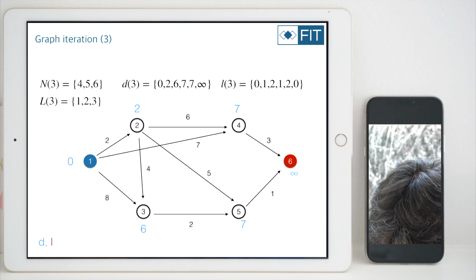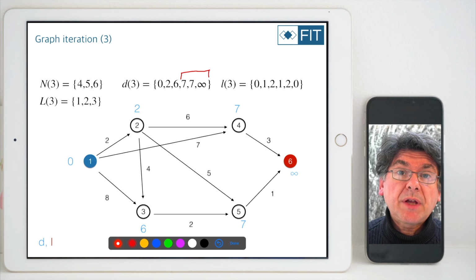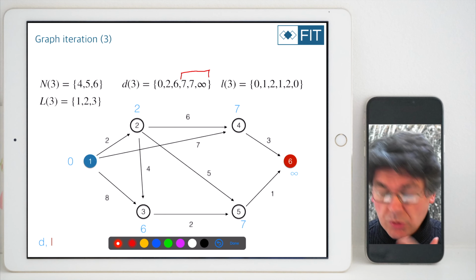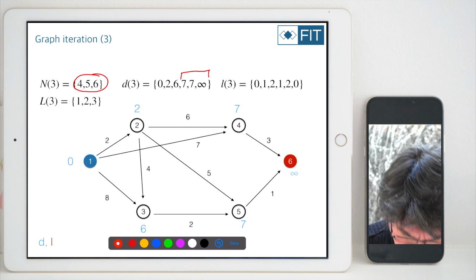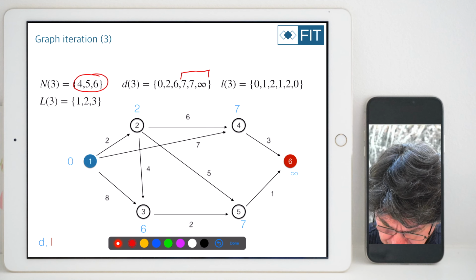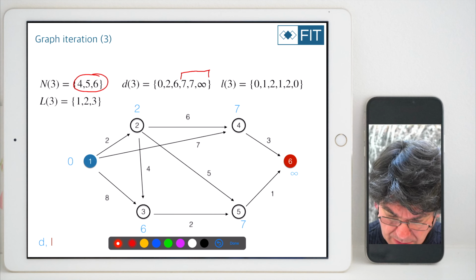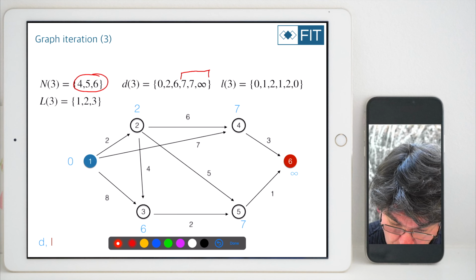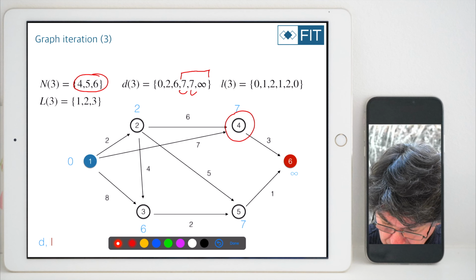In the next iteration, we now look at the optimal distances we have obtained, which includes the nodes in our ignorance set. And we see that the ones that have the shortest distance are nodes 4 or 5, both equal.